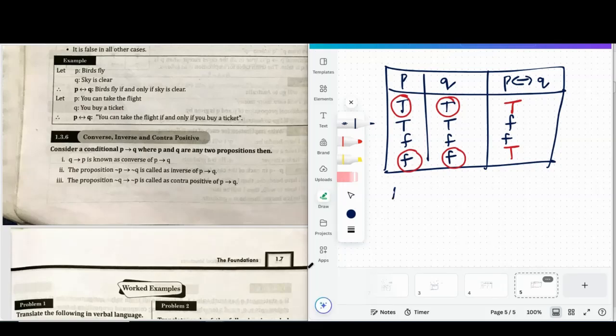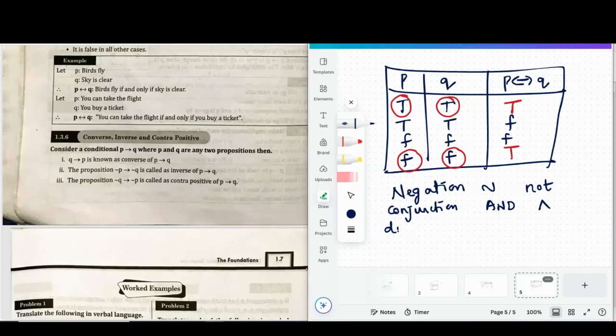So these are the four connectors which we will be learning. First one is negation, represented as an arrow mark, and it is not. Second one is conjunction, represented by the and symbol, which is a cap.